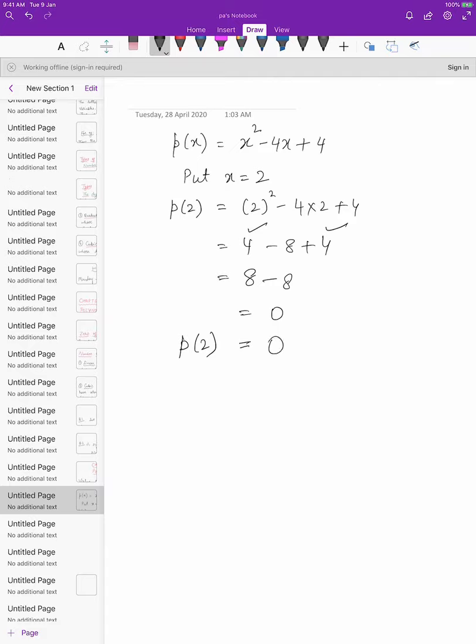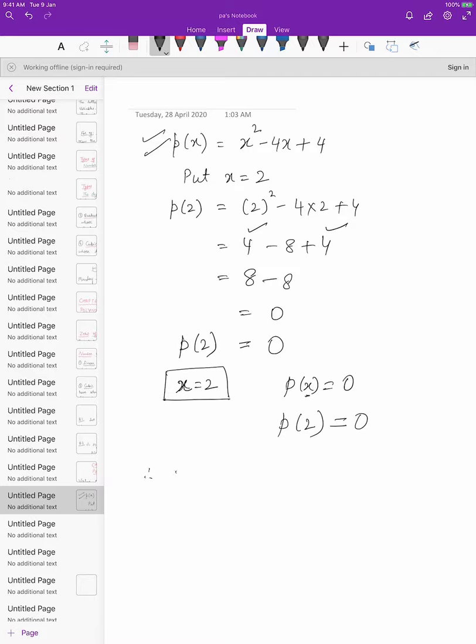It means that x is equal to 2 is that value of the variable x which makes the polynomial p(x) equal to 0. Means when I put x is equal to 2, that means p(2), that is coming out to be equal to 0. So x is equal to 2 has made the polynomial 0.